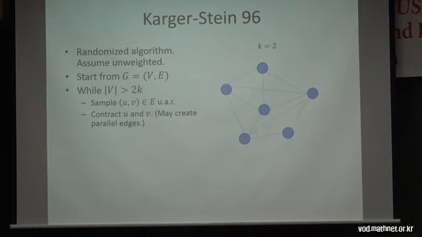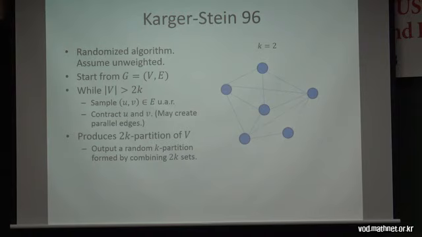This contraction may create parallel edges, and we keep them as parallel edges. After the while loop, we have a graph with 2k vertices. If we unfold the contracted edges, it means that in the original graph we have a partition of V into 2k sets.